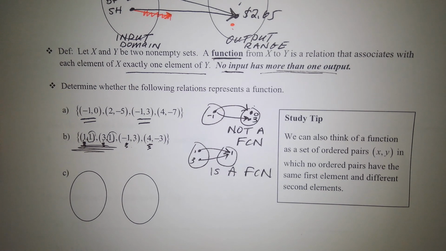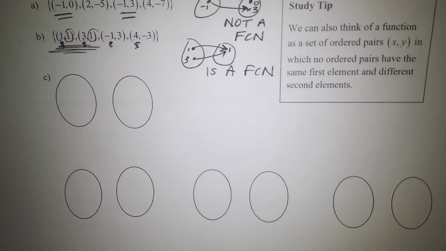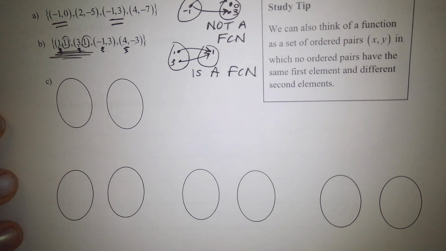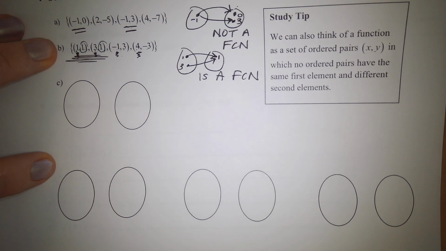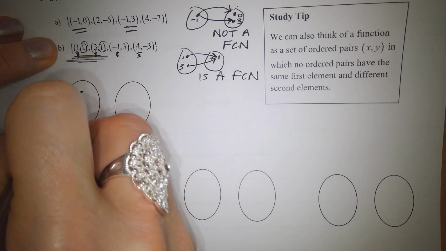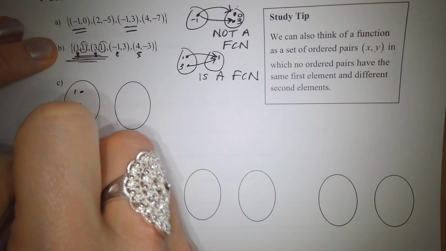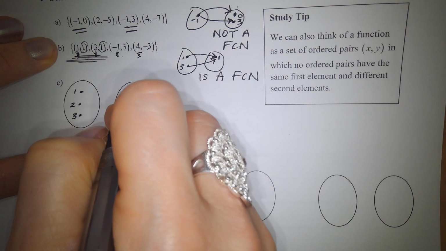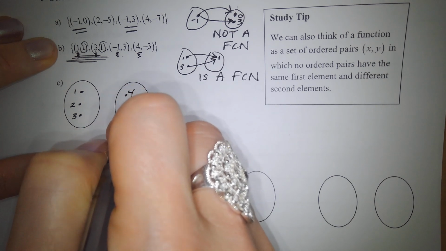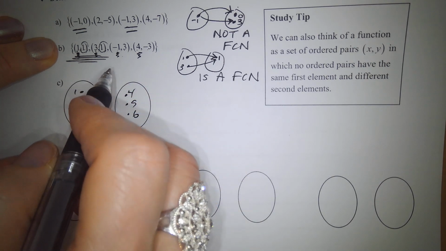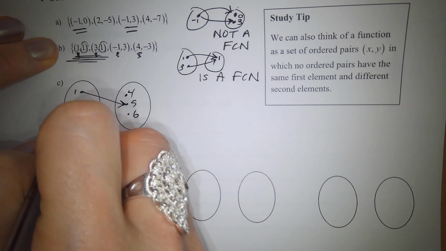So let's look at some examples of different functions down here, and let's try to determine whether they are or are not functions. So let me give you an example. What if I have 1, 2, 3, and we have the points 4, 5, 6. And my map looks like this.